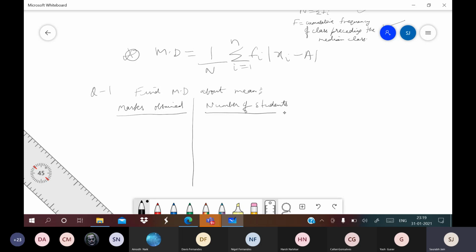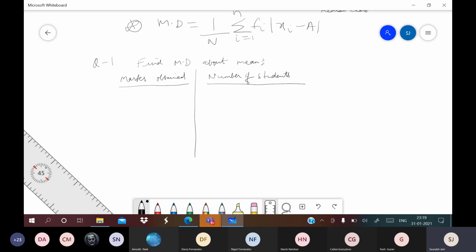This is a continuous frequency distribution and the classes are 10 to 20, 20 to 30, 30 to 40, 40 to 50, 50 to 60, 60 to 70 and 70 to 80. The number of students are 2, 3, 8, 14, 8, 3 and 2. Try this, you can do it very easily. Marks obtained is the class and number of students means frequency.